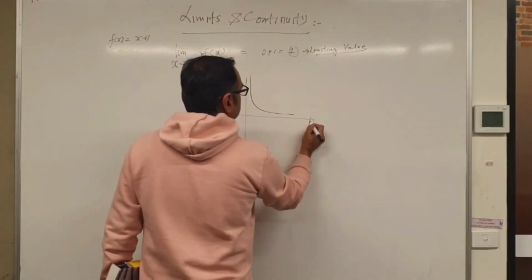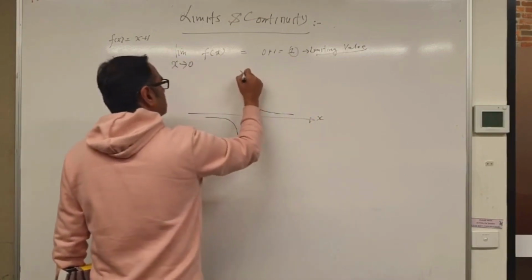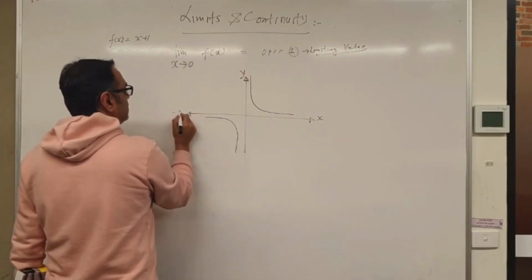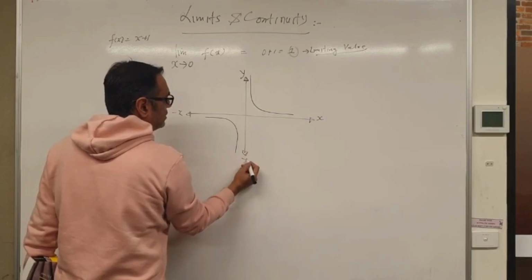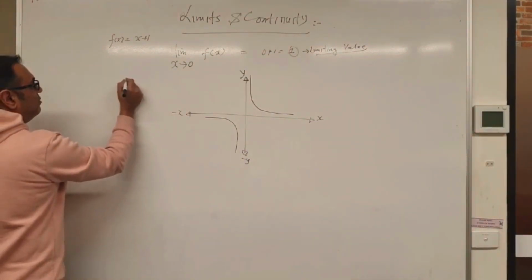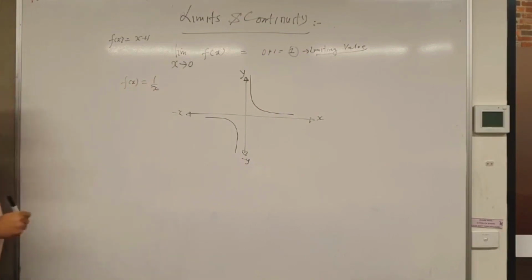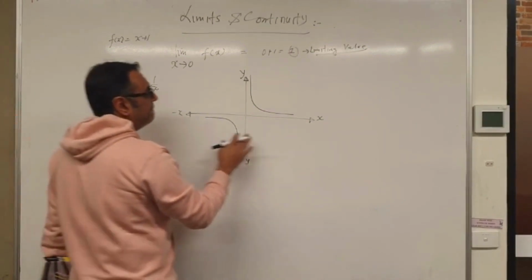So remember, we are extending from where we left last time. The rectangular hyperbola has the function f of x equals 1 over x, right? This is how the graph looks.